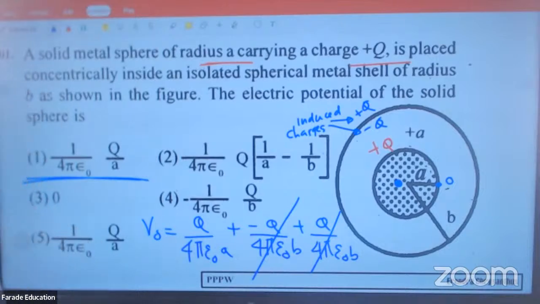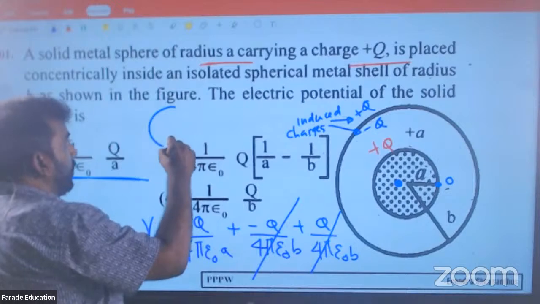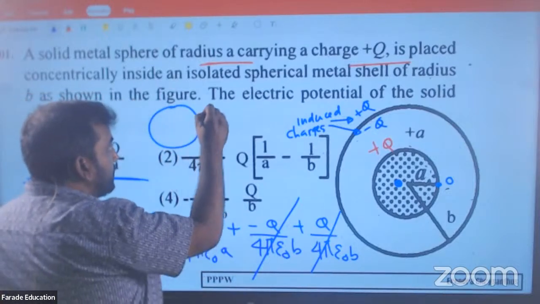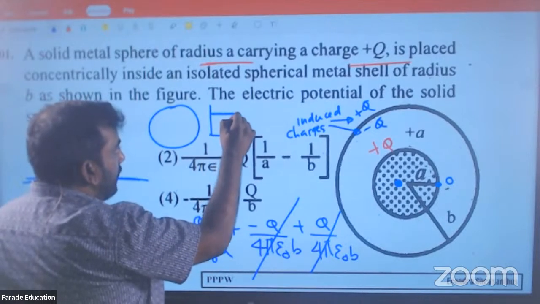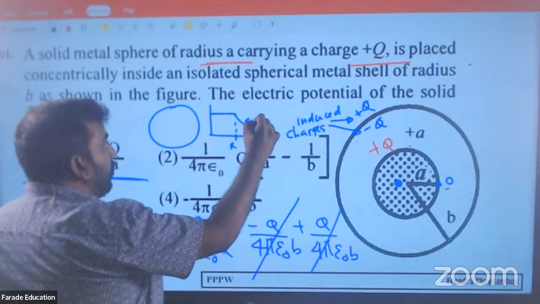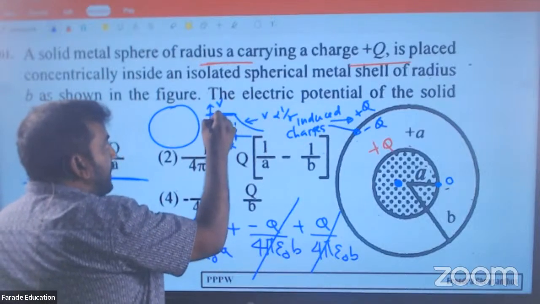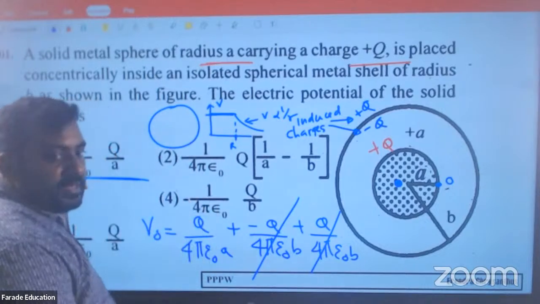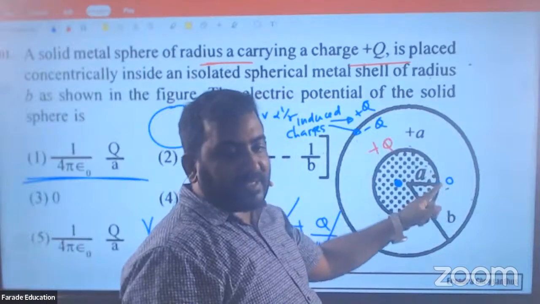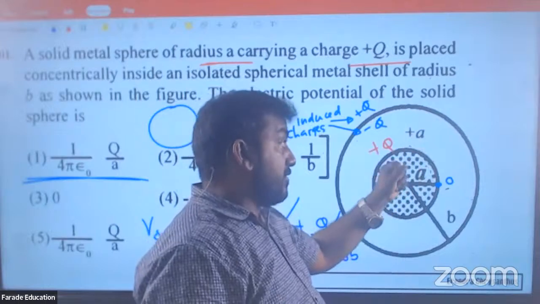Okay. Now, for the ones who don't know this, remember the potential inside is going to be constant, up to the radius constant. Outside the radius, 1 over r. The potential inside and on the surface are the same. So where is point O? On the surface of the shell. On the surface of the shell means we can directly find it on the surface of the sphere.